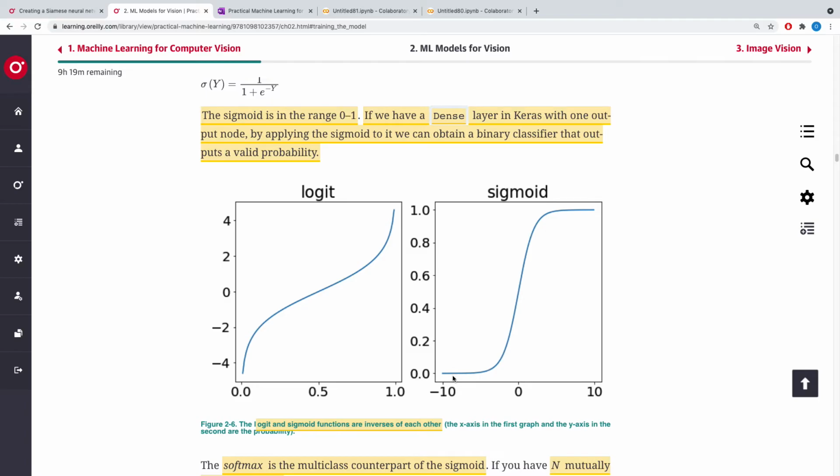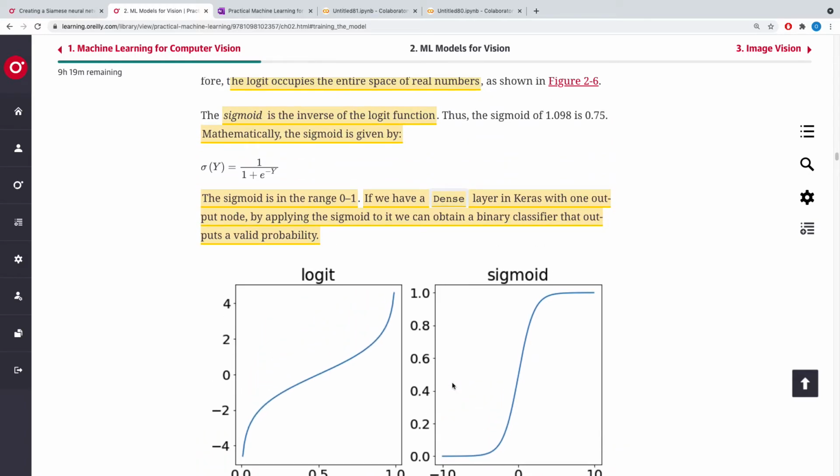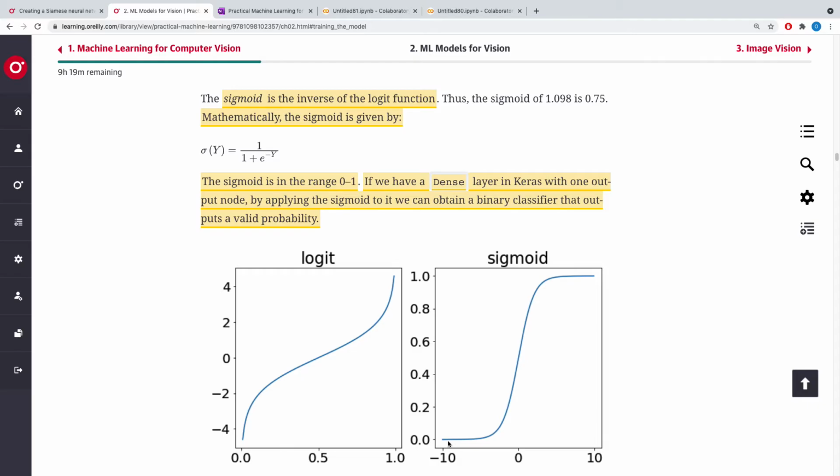Now, as we have negative values input to our sigmoid, if our logit is negative, the probability will be getting close to 0. The sigmoid squashes it close to 0.